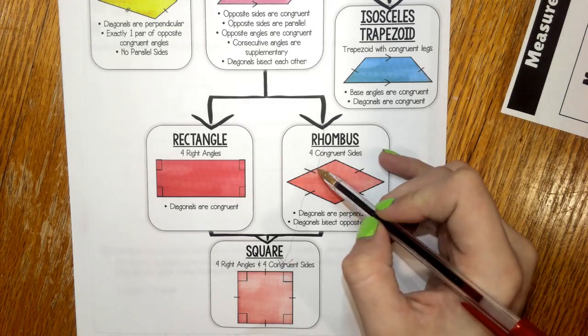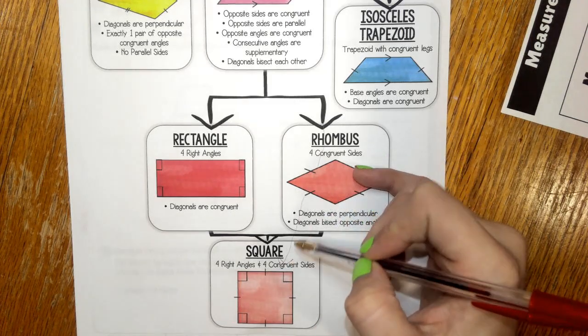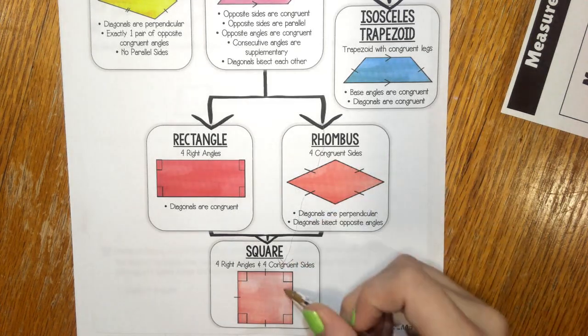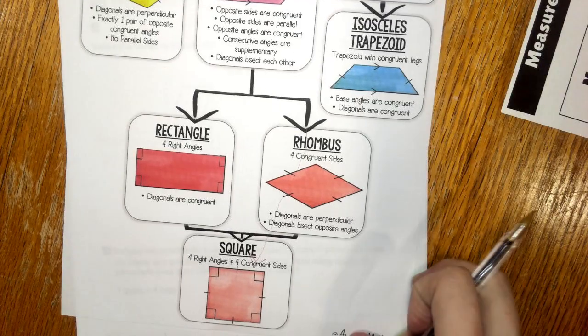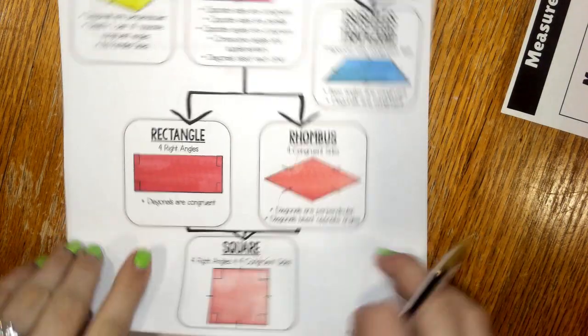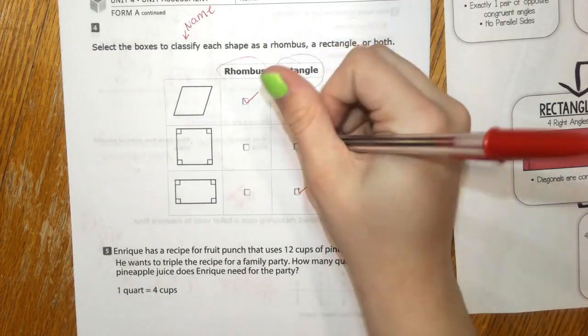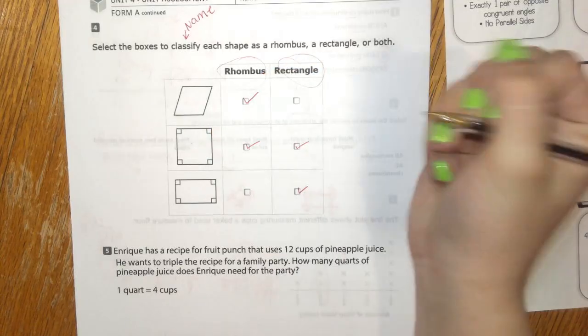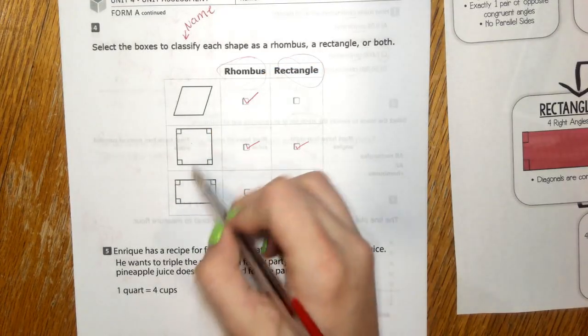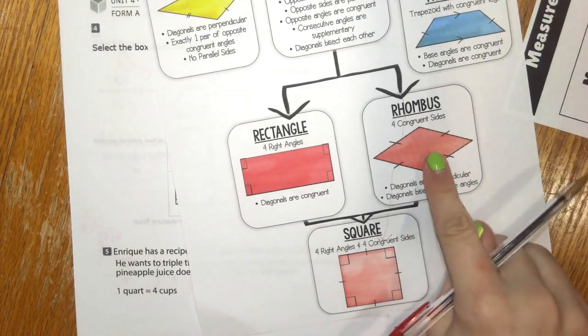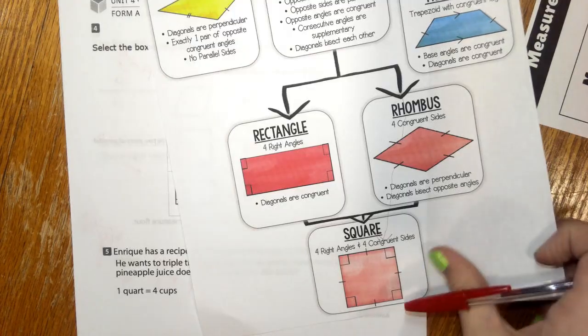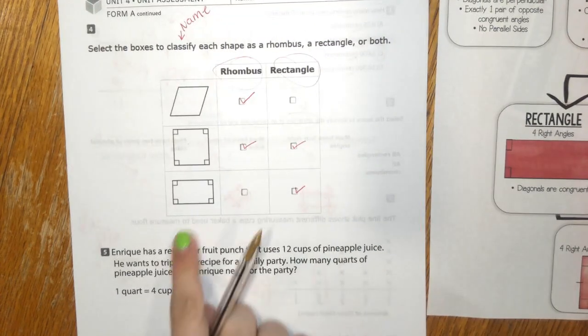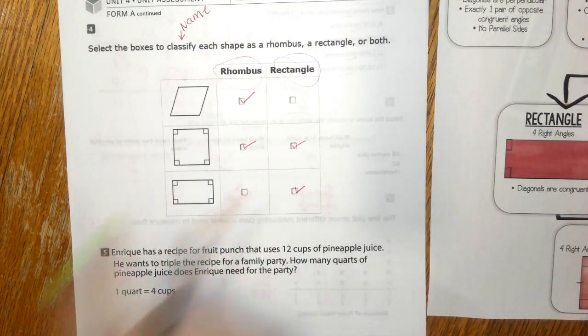So this rhombus is also going to be a square. A square can be a rhombus. So if I go back, this gets to be both because it meets all of the rules. It gets the rules of the rhombus and the rules of the square. So a rhombus can have right angles, but it does not have to have right angles.